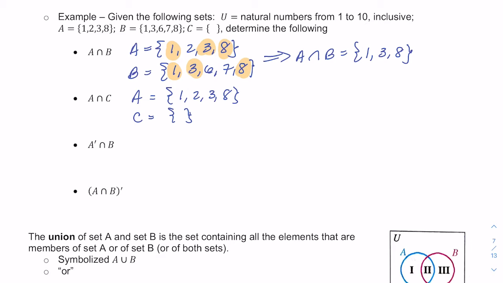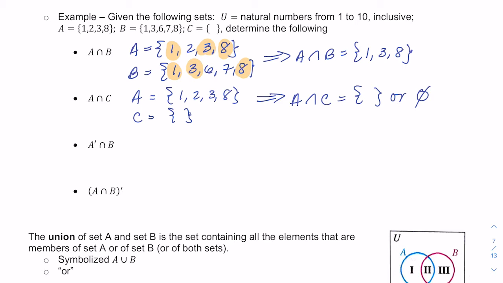So included in set A is the empty set. So they both have the empty set in common. So A intersects C would be the empty set, which remember you can either use two braces with nothing inside, or you can put a 0 with a slash through it.